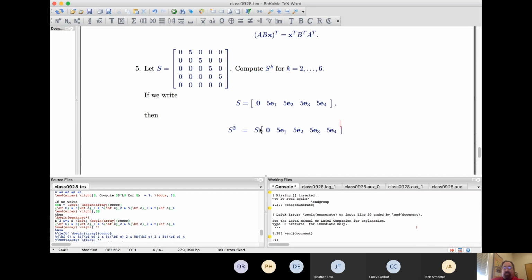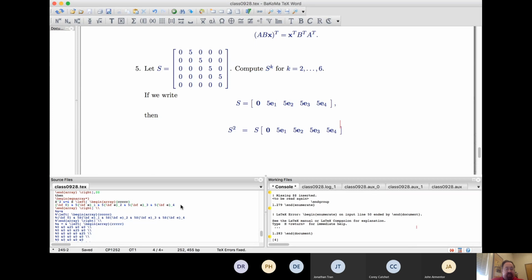So here for S squared, I just write out this S stays the same, and then the other S is written out in terms of these columns, like I have here. Now, using the laws of matrix multiplication, the product would be just multiplying each of these individual columns by S. So I'm just taking this S basically and distributing it through here.